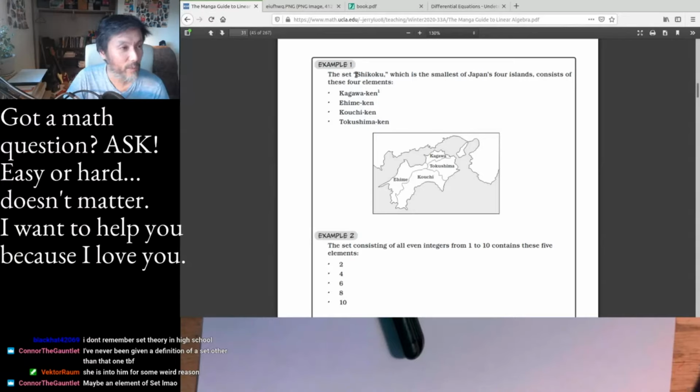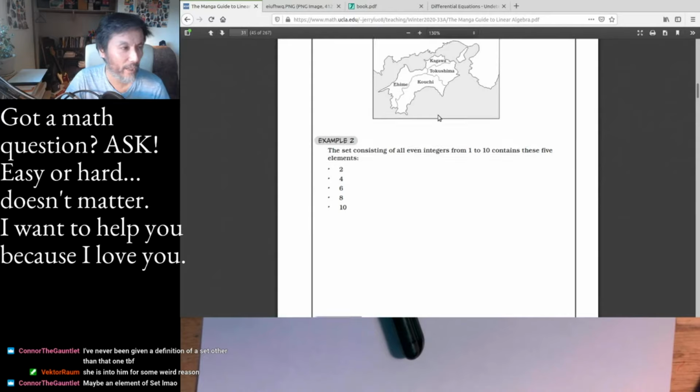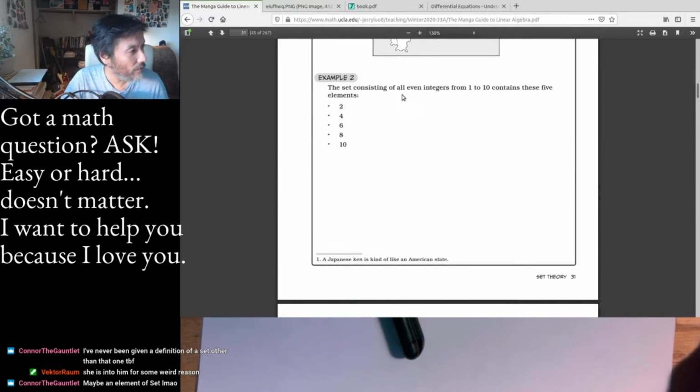I don't like this because it's somehow God-given or something. Like, if I say Shikoku, you should know these are the 4 elements. This is bothering me. The set consisting of all even integers from 1 to 10 contains these 5 elements: 2, 4, 6, 8, 10.